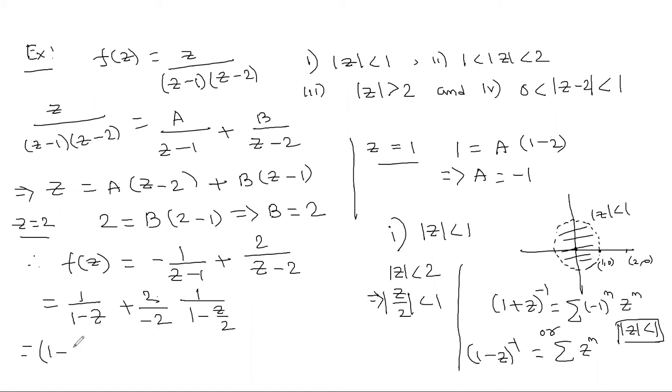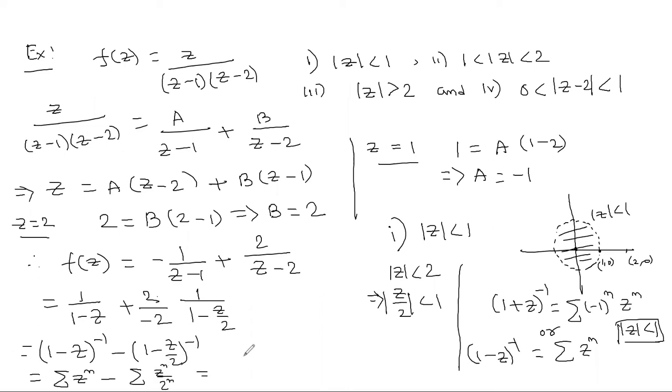So here we are getting (1 minus z) power minus 1 minus (1 minus z by 2) power minus 1. Using this expansion we are getting z power n, and here we are getting z power n by 2 power n.